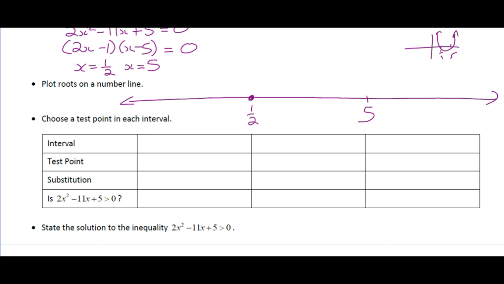Okay, so we have an interval. This interval is x is less than 1/2. This interval is x is between 1/2 and 5. And this interval is x is greater than 5. There are no equal signs on there because at 1/2 and 5, what's going on?